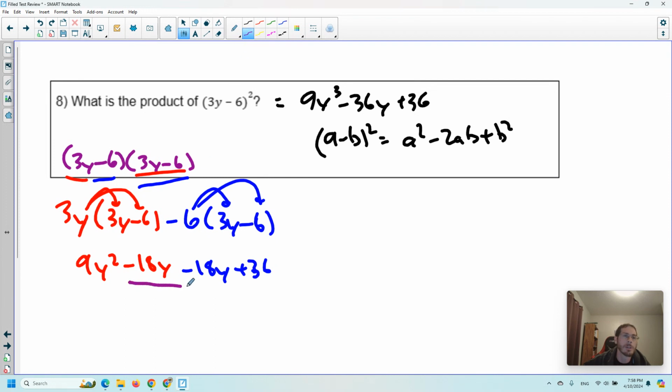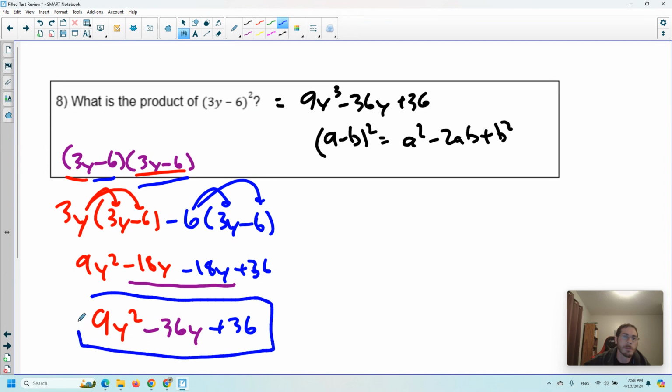And if we combine our two like terms, we can see these are the same. That's why we have the 2 right here, because it accounts for those two always being the same in this special case. 9y squared minus 36y plus 36. So we get the same answer regardless if we do the work out or if we just use the trick and just jump right to the end.